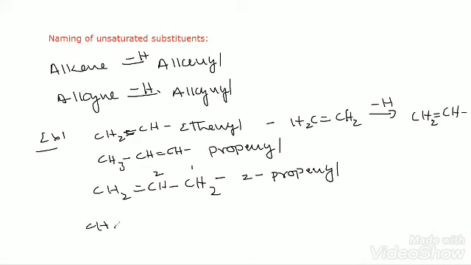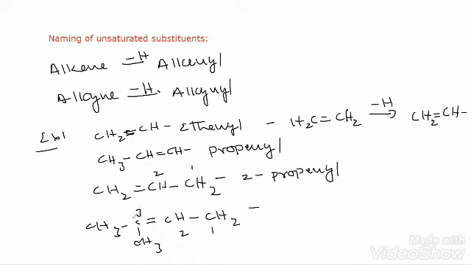Similarly, for example, if we have CH3 C, CH3 double bond CH, CH2, then the numbering should be given like this: 1, 2, 3.